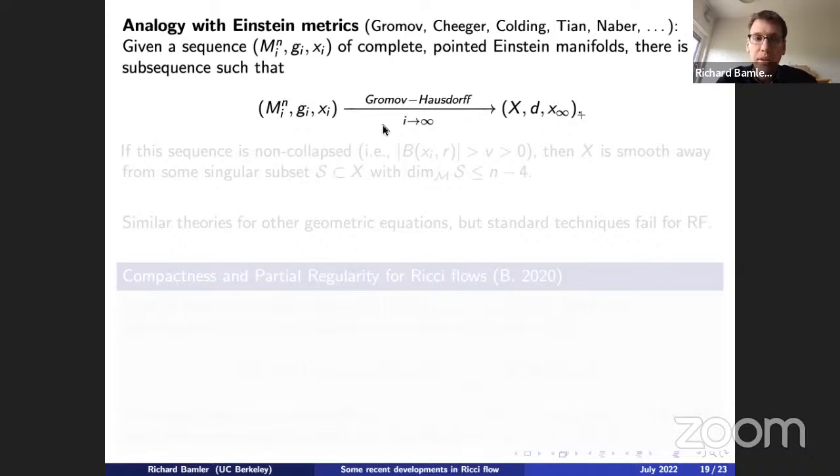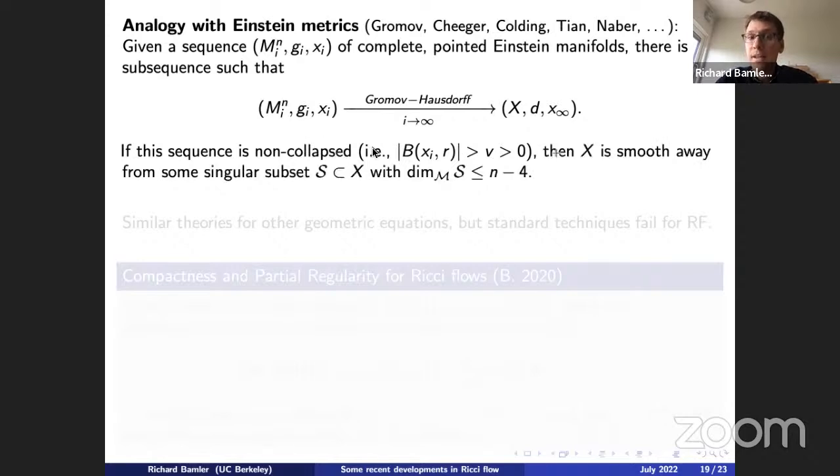However, it turns out that if we impose some non-collapsing condition on the sequence, for example, by saying that the volume of a ball of some fixed radius around the base point is uniformly bounded from below, then in fact the limit is quite nice. It is smooth, so given by a smooth Riemannian manifold, away from some singular subset whose codimension is at least 4. So this shows that it's really enough to study this Riemannian manifold on the regular part.